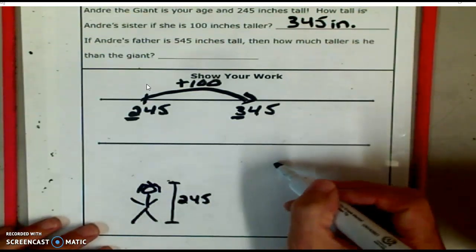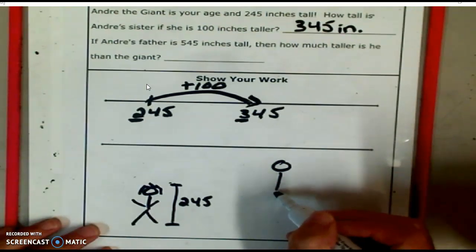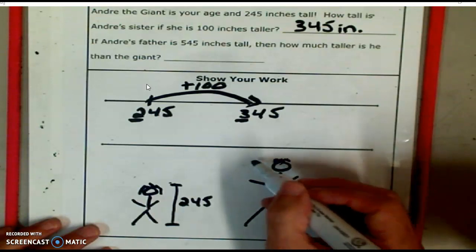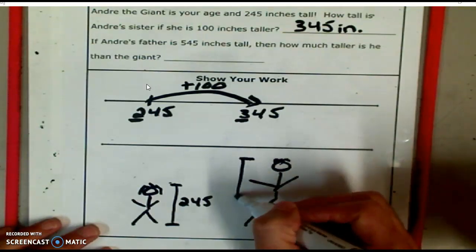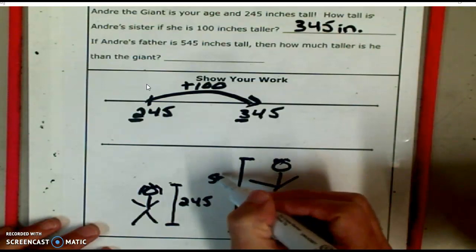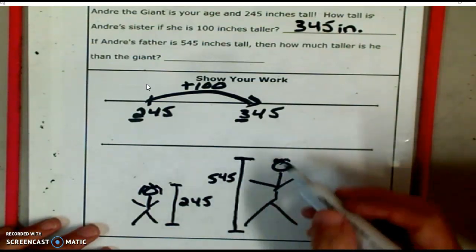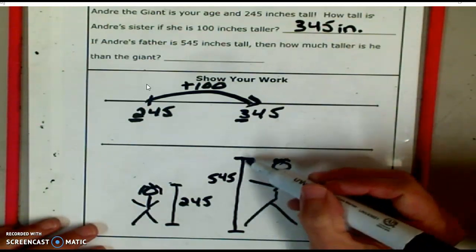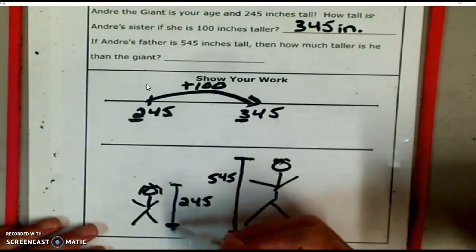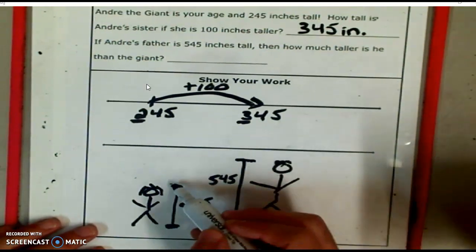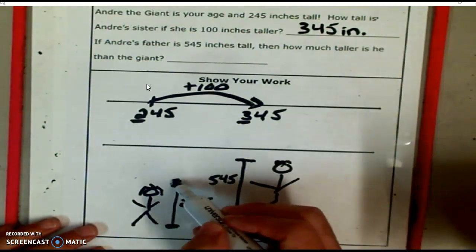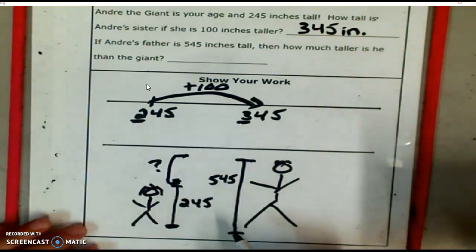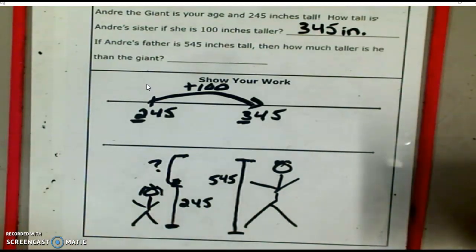And then his father is much taller. So from the top of his head down here is 545. So we're comparing the height of the dad giant to the kid giant, and we're trying to figure out what's the difference. How much taller is he? So from here to here is how much. That's what we're trying to figure out.